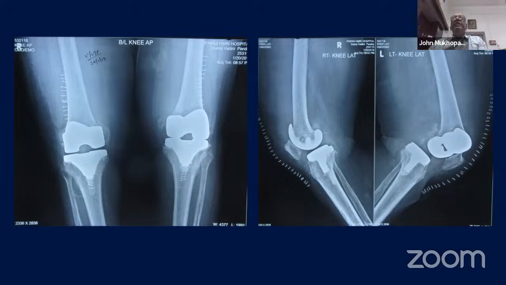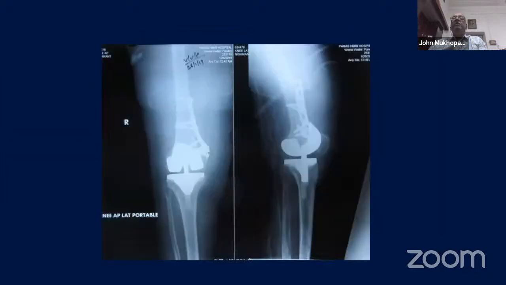This is an interesting case which was actually done in our own hospital. So she had bilateral TKRs, and a few days later she had a fall and she actually fractured both sides. So the right side was a fracture of the medial epicondyle.